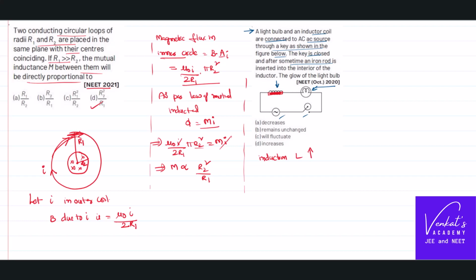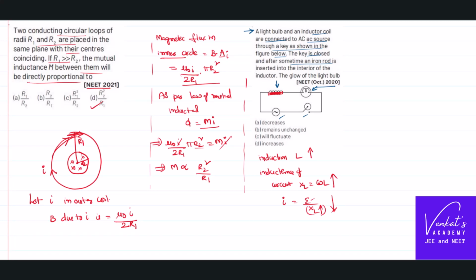As the self-induction increases, the inductive reactance of the circuit, XL, which is equal to omega L, also increases. As the reactance increases, current is equal to EMF by reactance. EMF remains constant but the denominator increases. As the denominator increases, the overall current decreases.